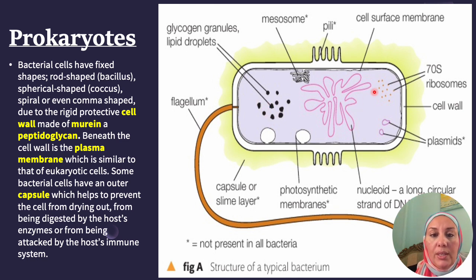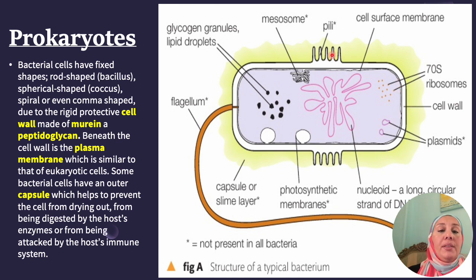Do we have ribosomes? Yes, here. These are ribosomes, and they have a special size. We call it 70S. So these are the basic things that you would find in any bacterial cell. Let's revise. DNA, circular DNA lying in the cytoplasm, of course, ribosomes also lying in the cytoplasm, and then a cell membrane and a cell wall made of murein.